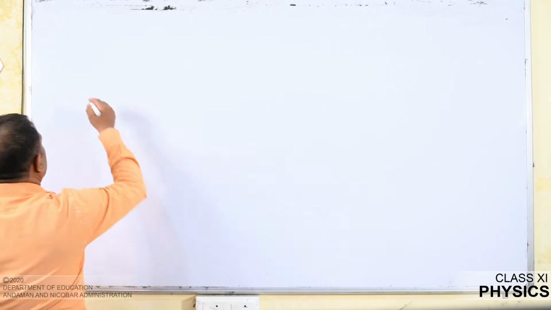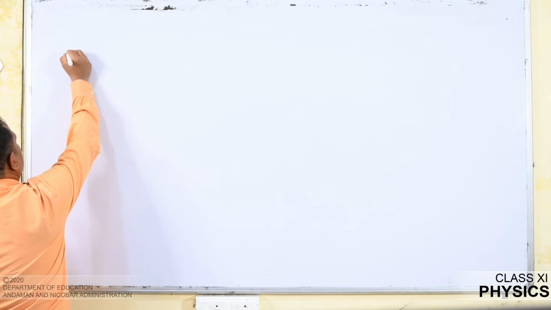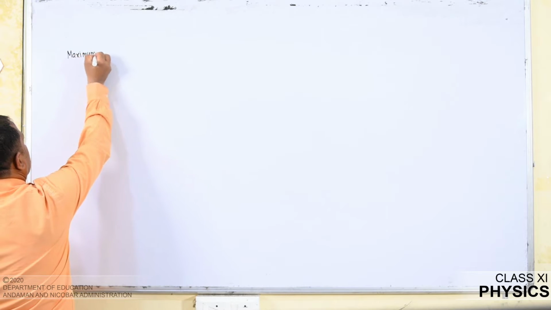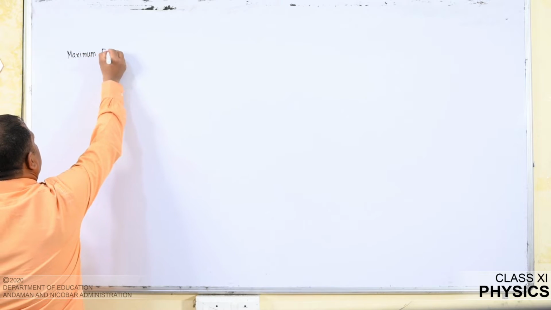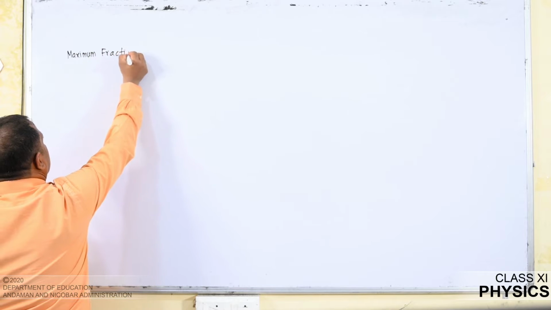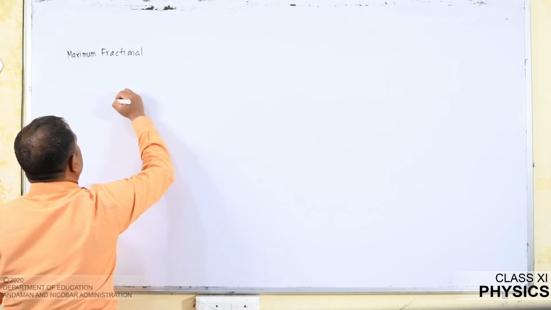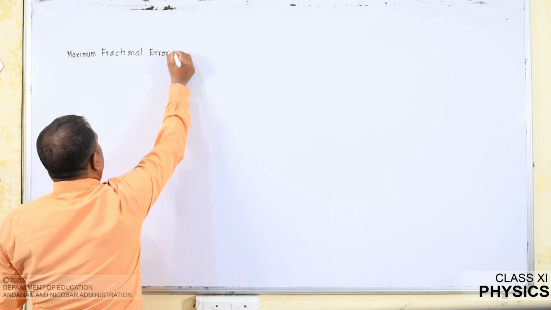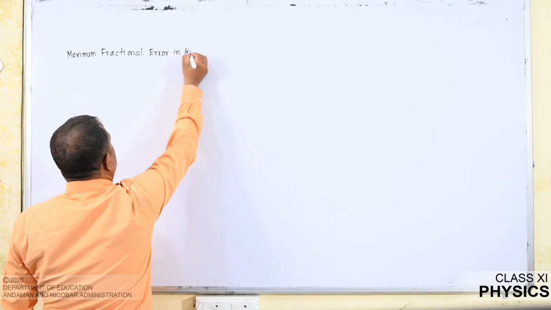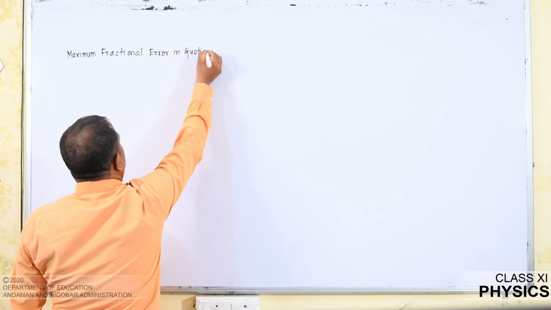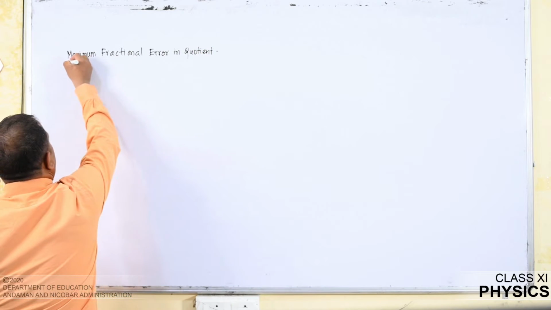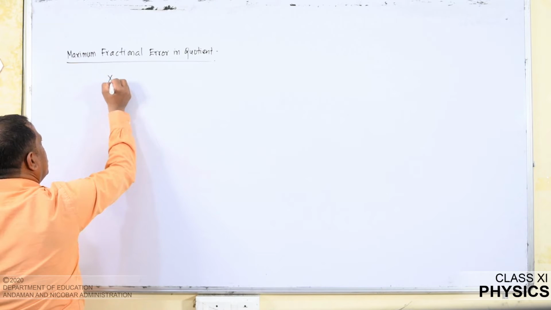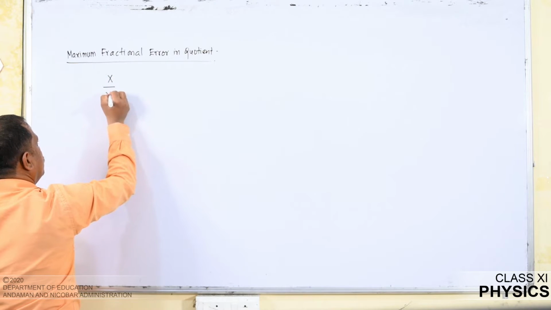So, let us try to find the maximum error, or say I want to find the maximum fractional error in quotient. Let me say that I have a true physical quantity x and true physical quantity y.